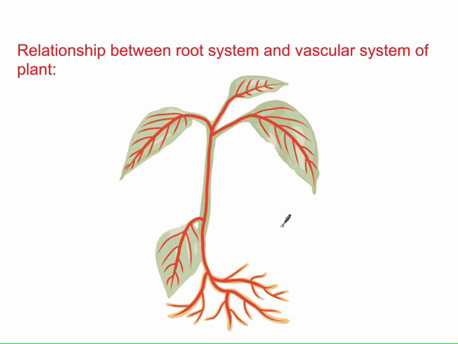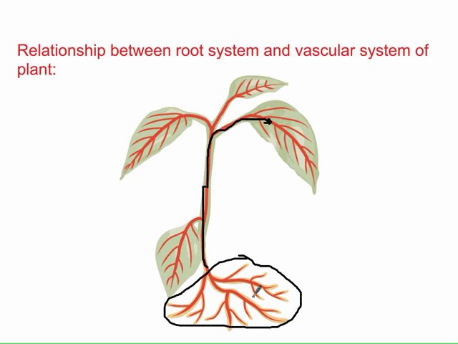So just like there are relationships in organ systems of humans and complex animals, there are also relationships between the systems of plants. So I just wanted to provide the most obvious, easy to understand relationship, and that is between the root system and the vascular system that carries water up the stem, perhaps, to a leaf that uses that water for photosynthesis.